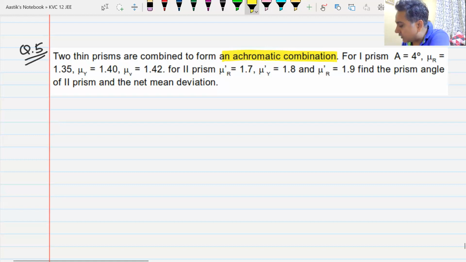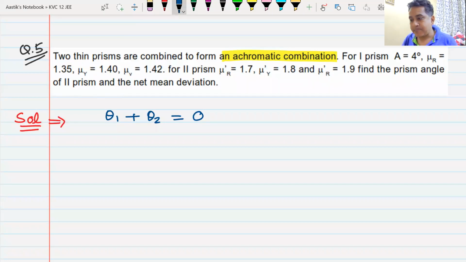So how are you supposed to do this? Achromatic combination, that means theta1 plus theta2 has to be equal to 0. I don't have to do this because straight away I can write the value of a dash.